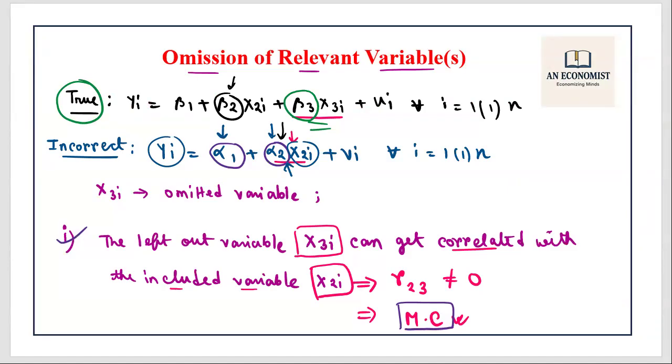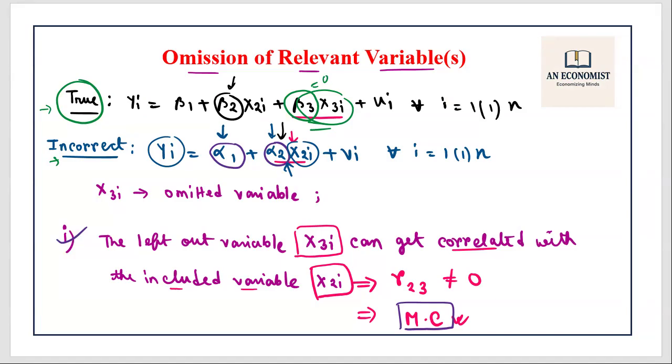So in the original model also, x3 is eliminated, and there is no difference between the true model and the incorrect model. In the incorrect model we have omitted the x3 variable, but in the true model also, if beta 3 equals 0, then the two models will be exactly identical.